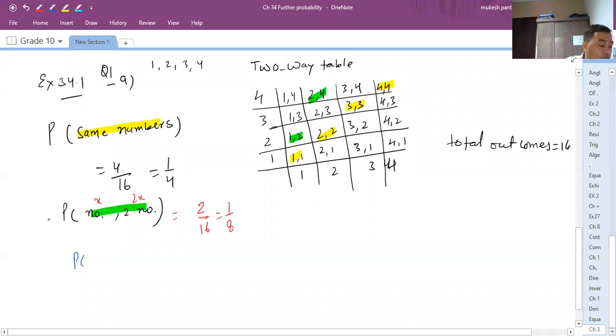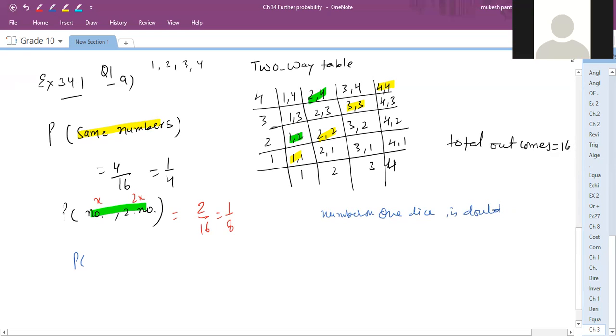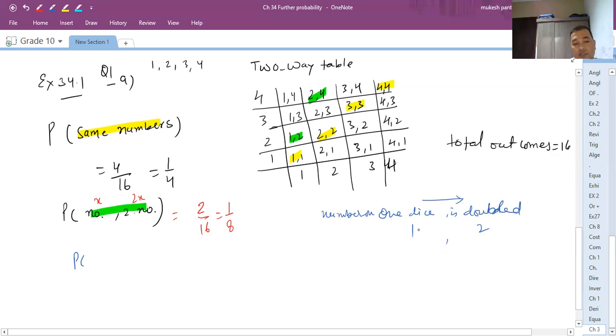The number on one die is double the number on the other die. The relation goes this way, as the arrow shows. Look at the arrow. We cannot reverse it.